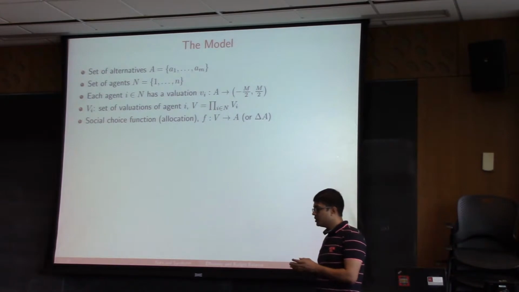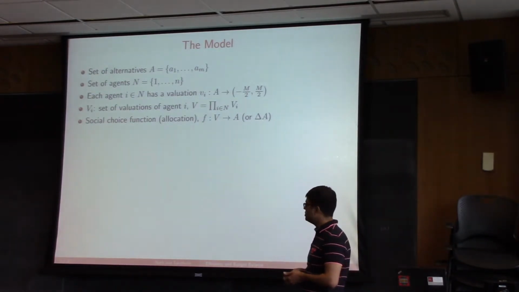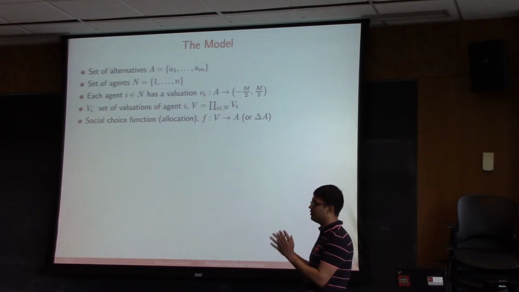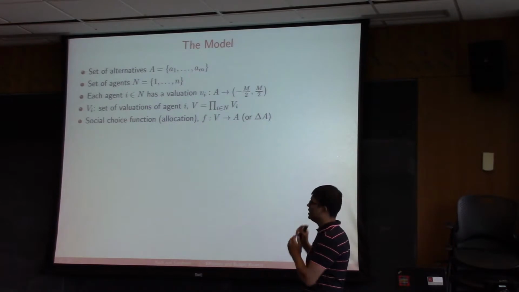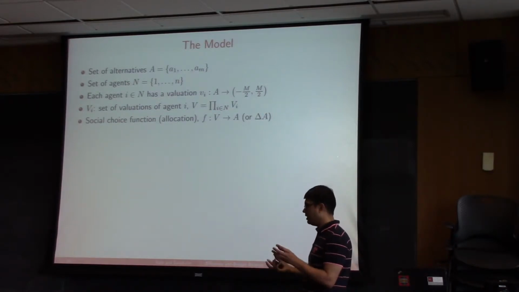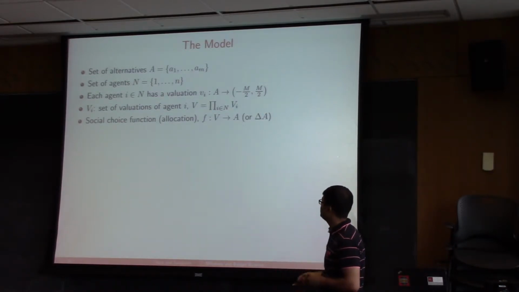The goal of the social designer or the mechanism designer is captured by this function called the social choice function, which is a mapping from the valuation profiles to the set of alternatives. When we discuss randomized mechanisms, the outcome will be a lottery over the alternatives.